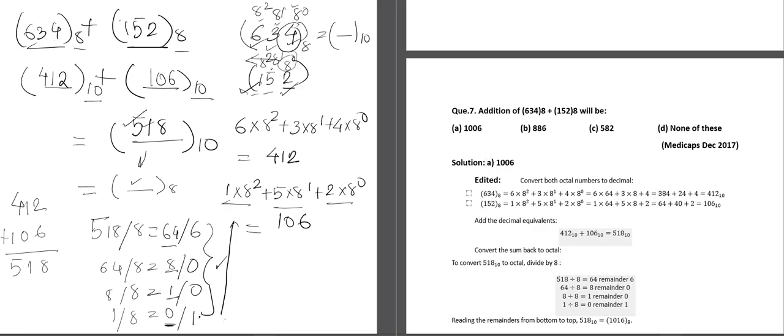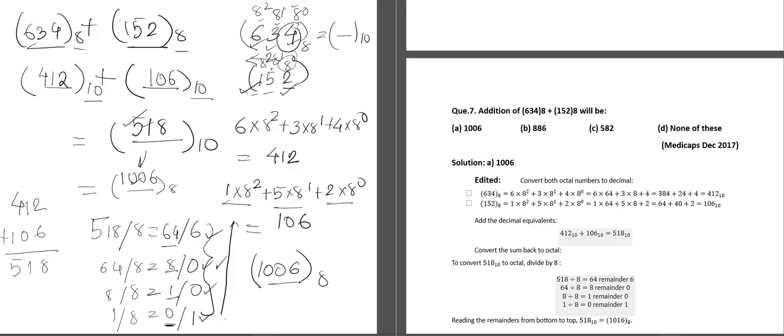So in here we are getting a remainder of 1, here we are getting remainder of 0, here we are getting remainder of 0, here we are getting a remainder of 6. So we will write the equivalent octal number in down to top approach or bottom to top approach. So at the bottom we are getting 1, then 0, then 0, then 6. So our octal equivalent number will be 1006.